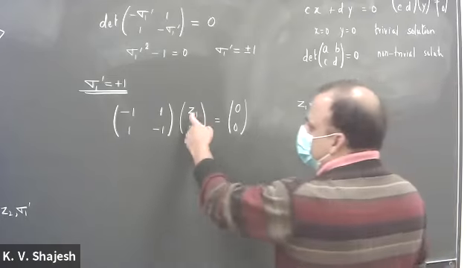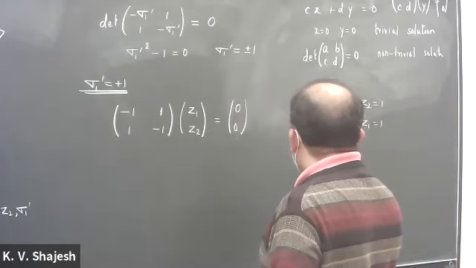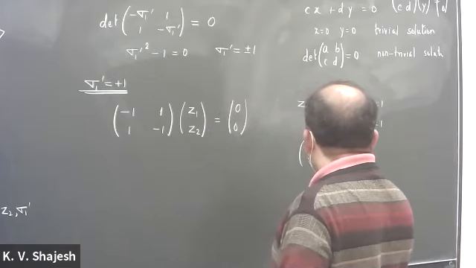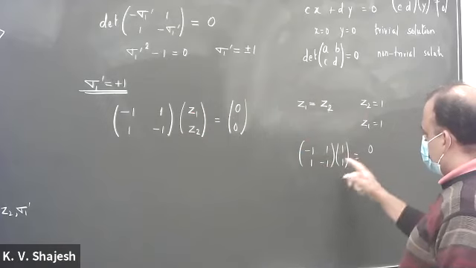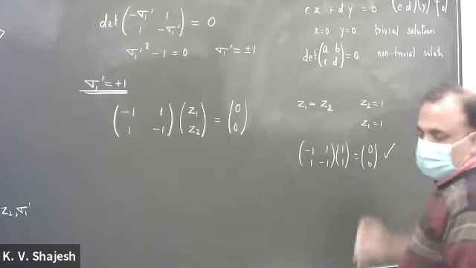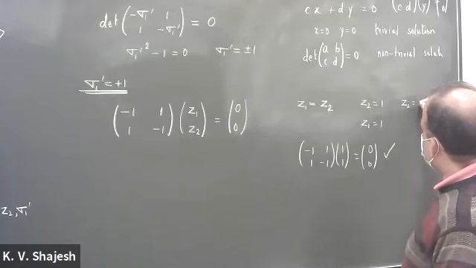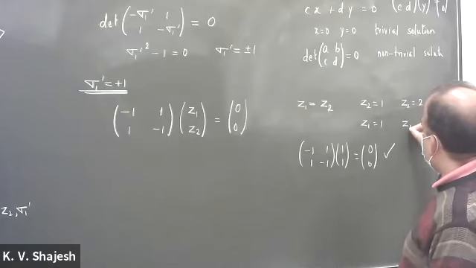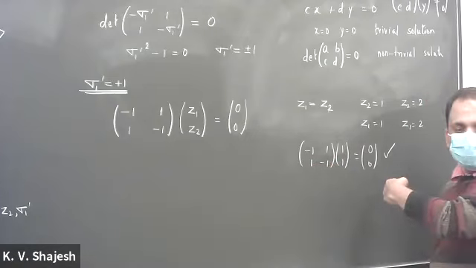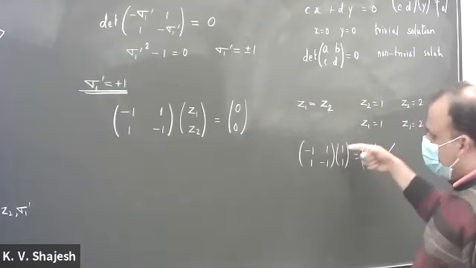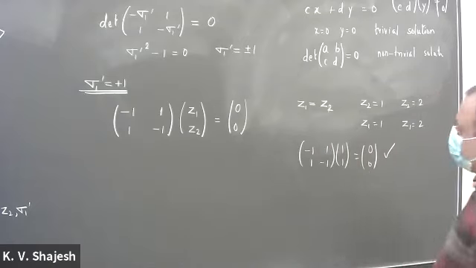And we check that: minus 1, 1, 1, minus 1 multiplied by 1, 1 is equal to minus 1 plus 1, 1 minus 1, which is 0. So that works. In fact, if I take z2 equal to 2, then z1 will again be 2, and that will also work. Whenever they are equal, that will work. That's perfectly fine, so that's an eigenvector.